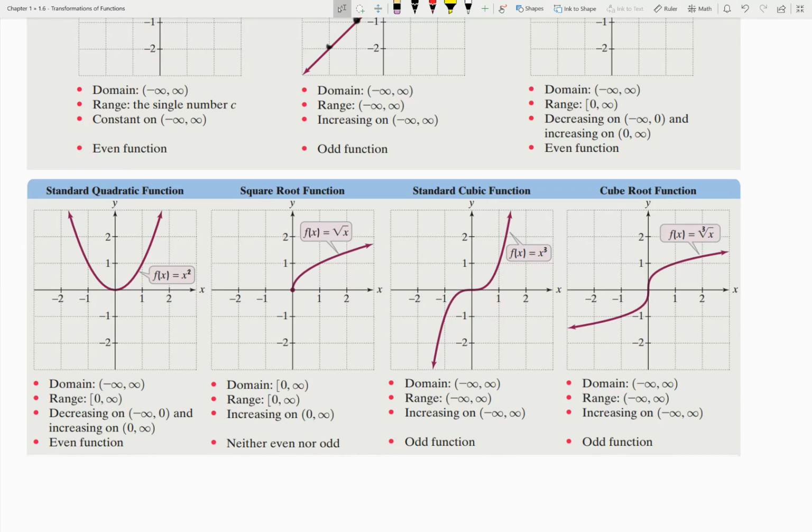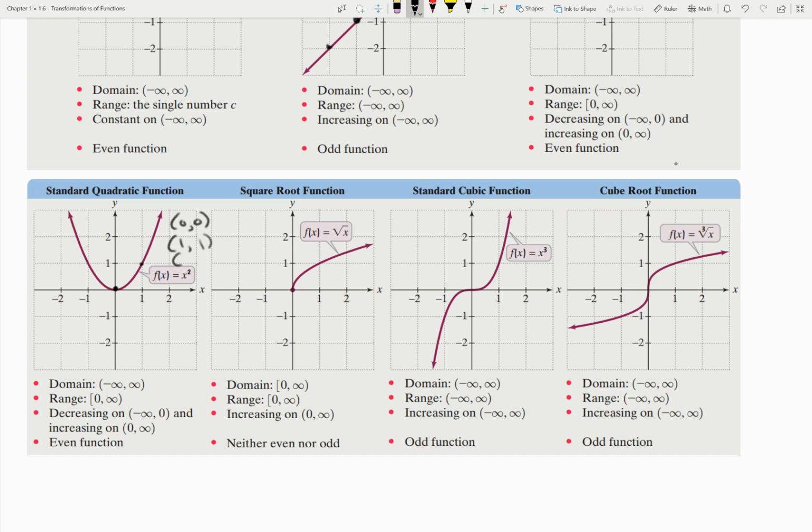Okay, the next 3 are my quadratic, square root, cubic, and cube root. So when we go about graphing all of these, you kind of have to know what the shape of the parent function is going to look like. So here we have our vertex, which is (0, 0). We have a point there, (1, 1). 1 squared is 1.